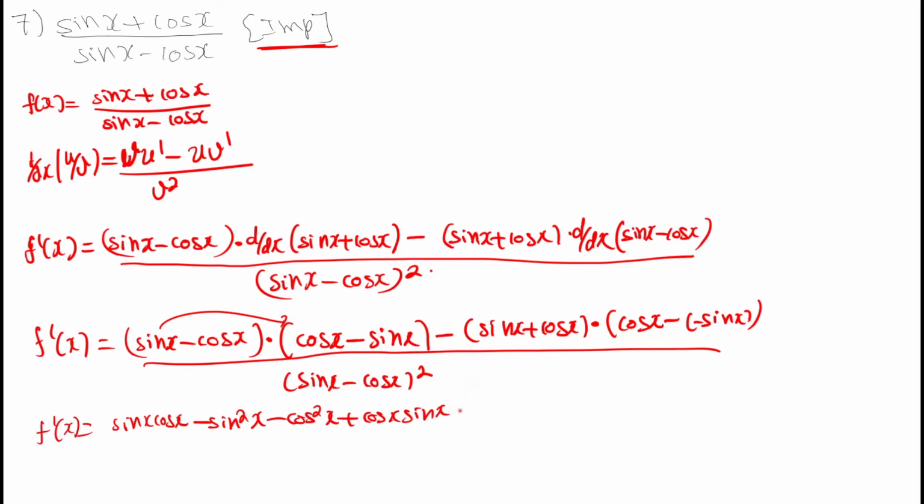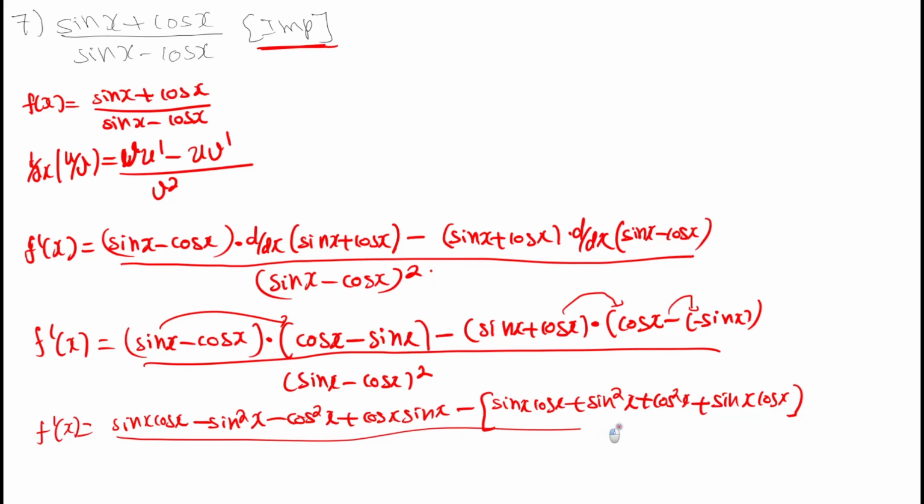Then see, keeping this minus sign outside, sin x into cos x, that is sin x cos x, sin x into minus plus, that is plus sin square x, then cos x into cos x is plus cos square x, then see, cos x into plus sin x is plus sin x into cos x, all the sum divided by sin x minus cos x whole square.